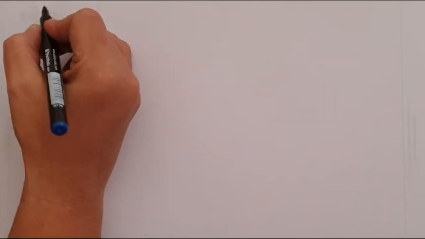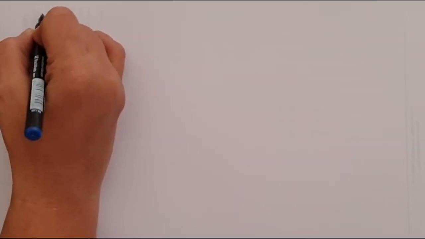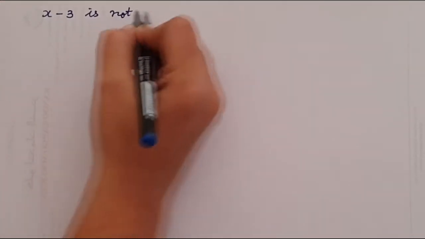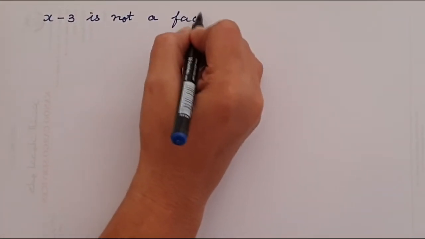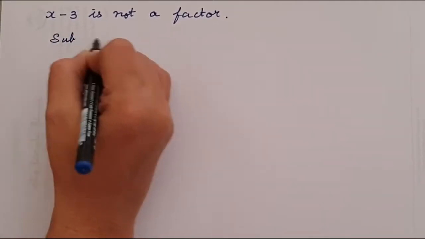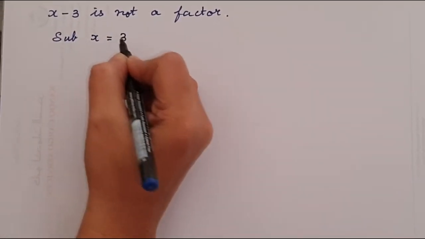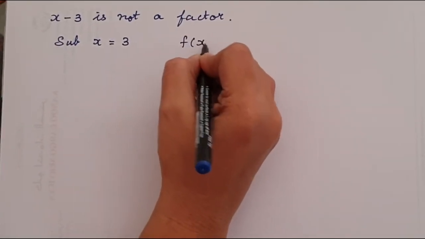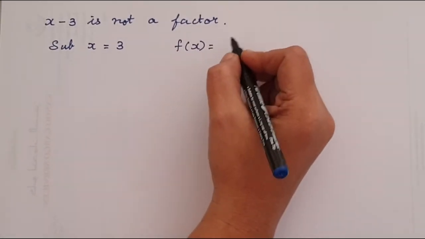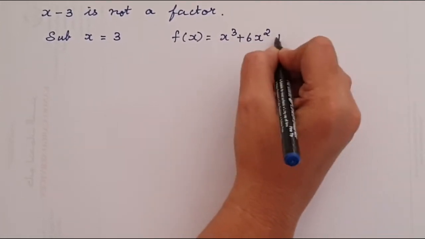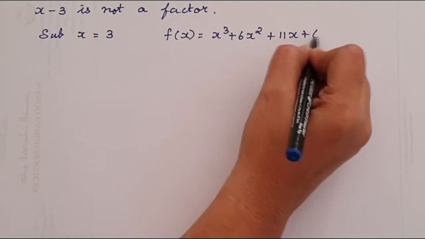Now for the second part of the question, you need to show that x minus 3 is not a factor. In order to do that, we substitute x equal to 3. First we'll write our equation. f of x is given as x cube plus 6x square plus 11x plus 6.